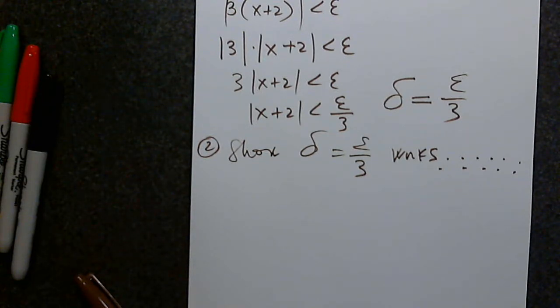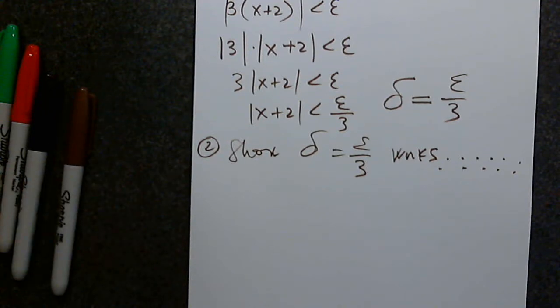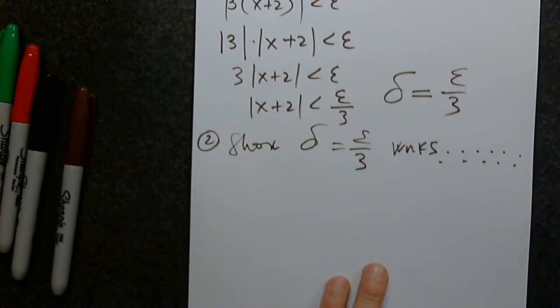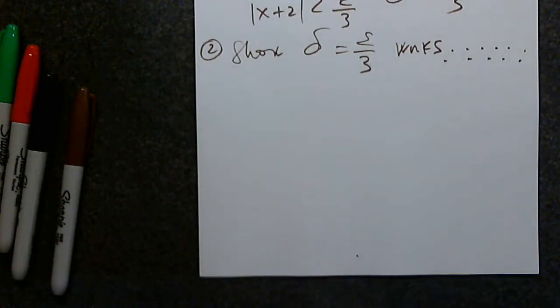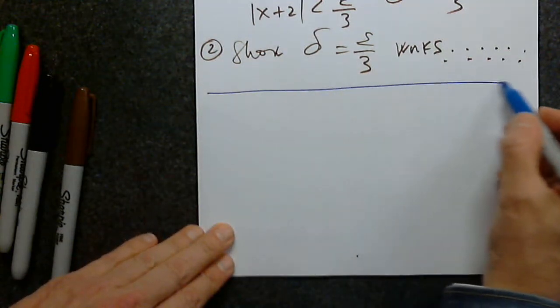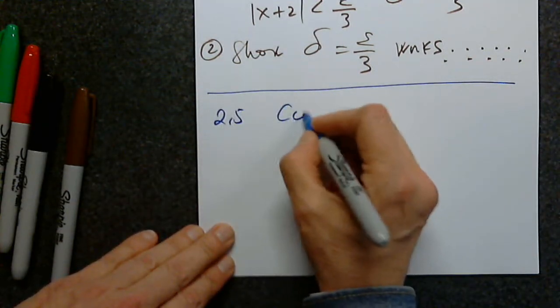If you encounter another function in your homework, bring it to class and we'll work on it together. But that's all I'm really interested in. Was it too difficult? No. Is it clear why this mechanism works? Because it's for any or every epsilon. Okay, very good. So the next step is 2.5, which is continuity.